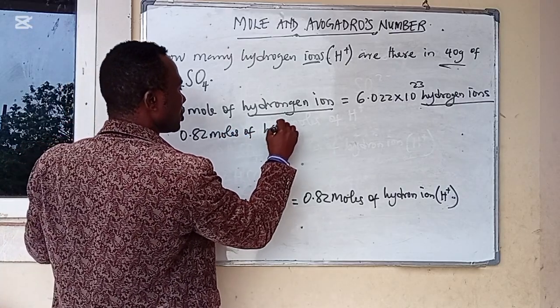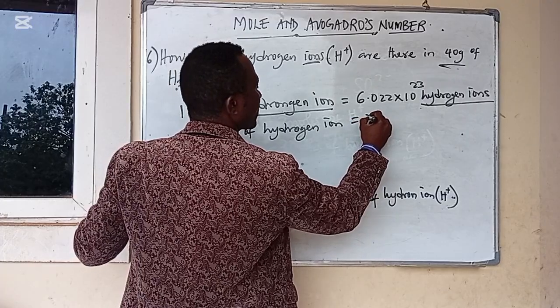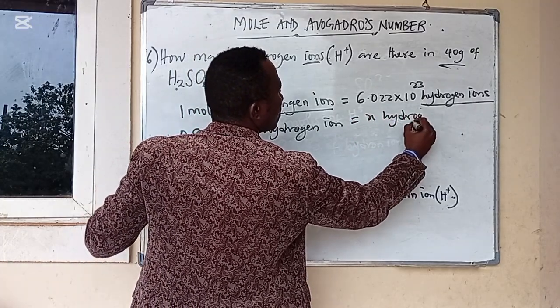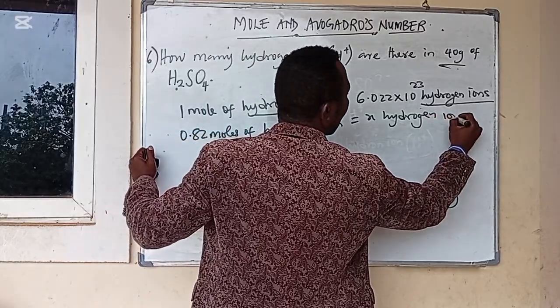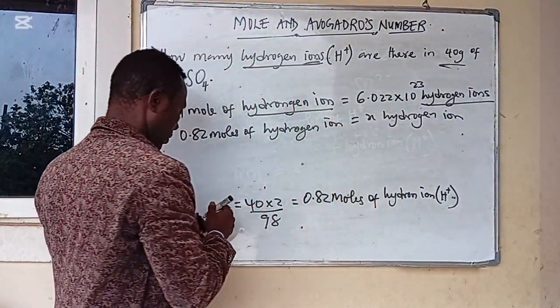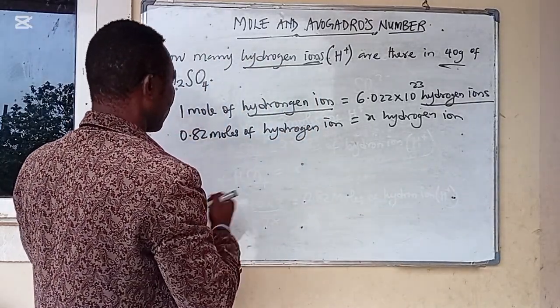Now, if 1 mole of hydrogen ion gives us this number of ions, then from our calculation, 0.82 moles of hydrogen ion will give us X hydrogen ions. Remember, we are looking for hydrogen ions. So having gotten this, we cross multiply to get our answer.